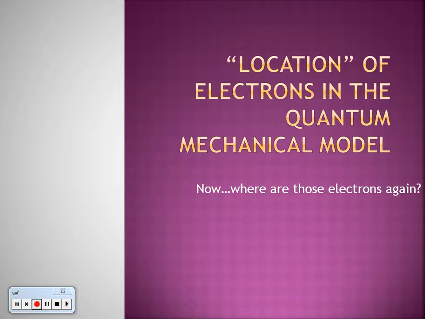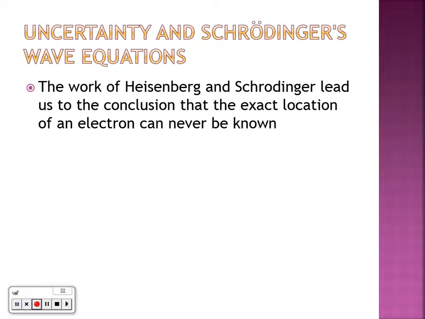All right? So, let's fill out Roman numeral number 1 on the top of your paper. The work of Heisenberg and Schrodinger lead us to the conclusion that the exact location of an electron can never be known. Okay?